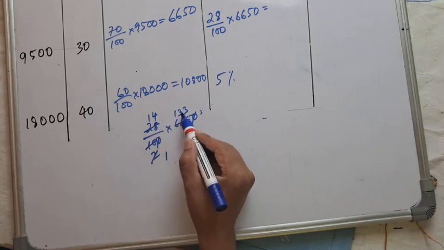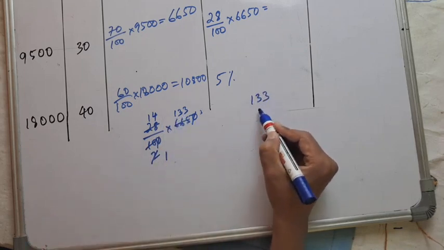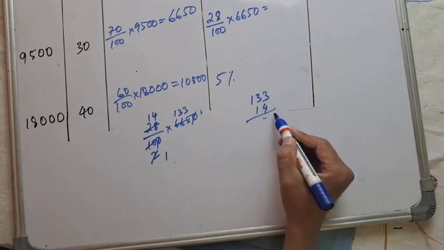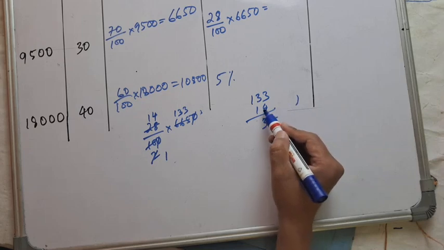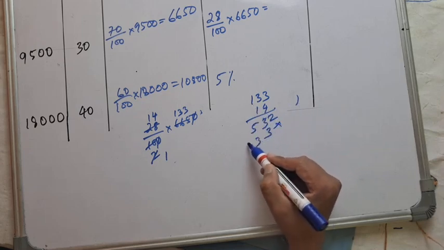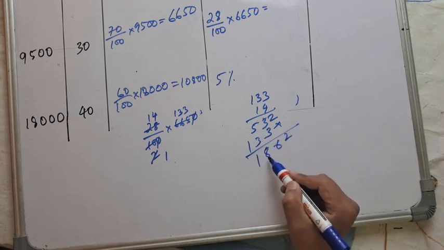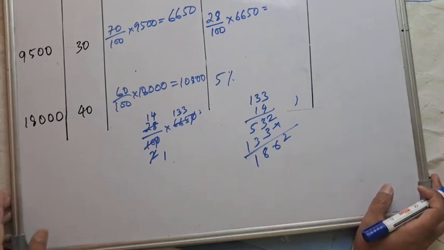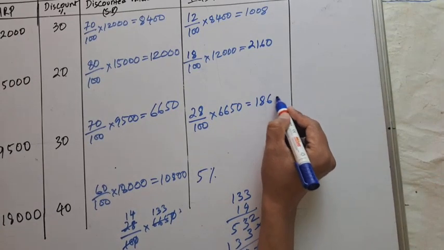So 133 into 14. 4 3s are 12, 1 in hand, 4 is 12 plus 1, 13. 1 in hand, 4 1 is 4 plus 1 is 5. 1 3 is 3. 1 1 is 1. So 1862. 1862 is the tax.